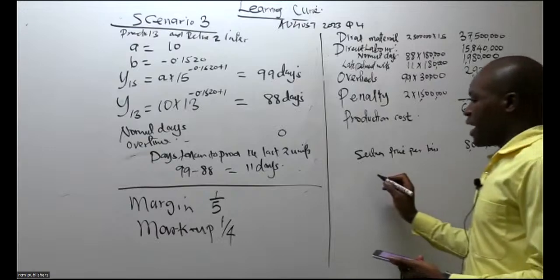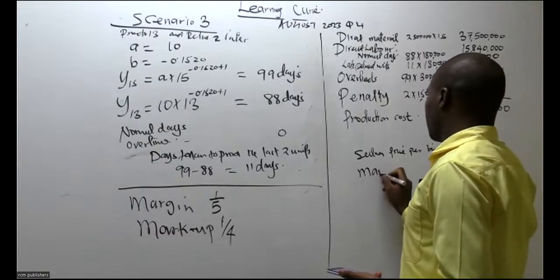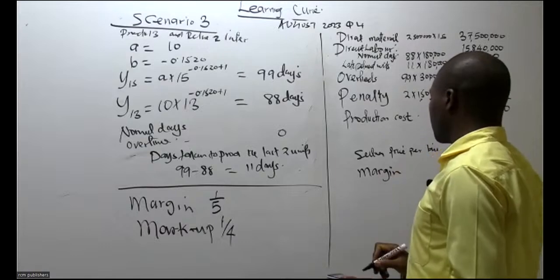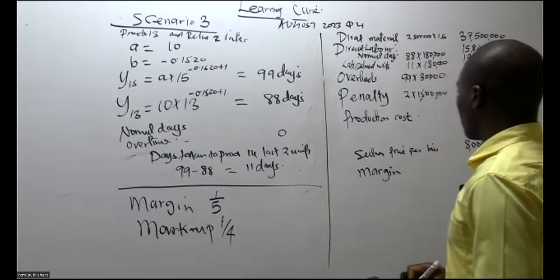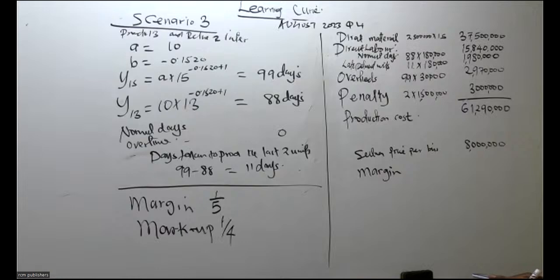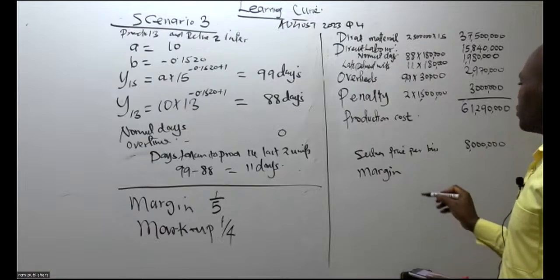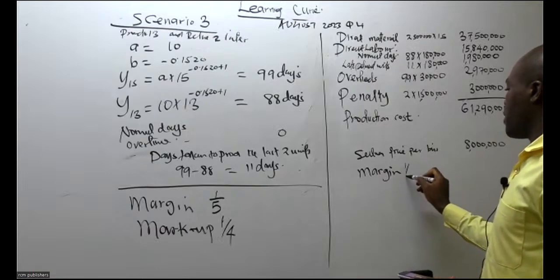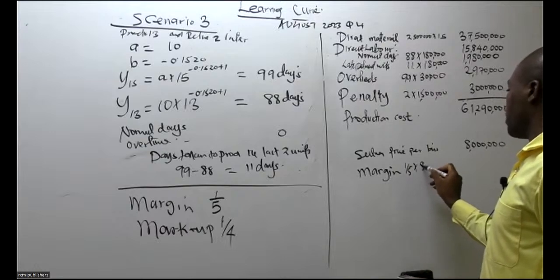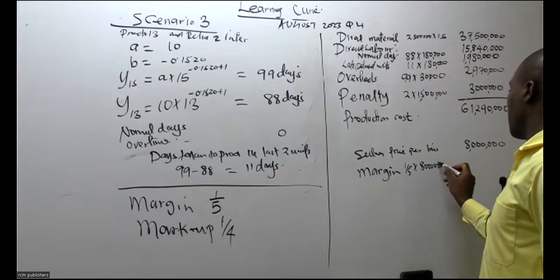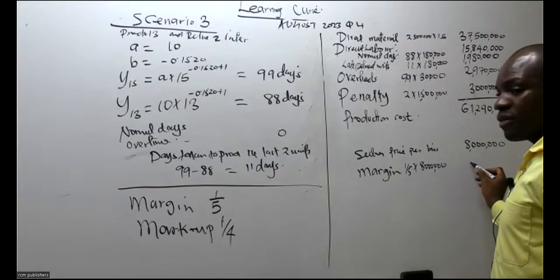Now, if you have that, let's get the margin. Margin itakuwa ngapi? Margin is equivalent to 1/5 of 8 million. How much will we have here?